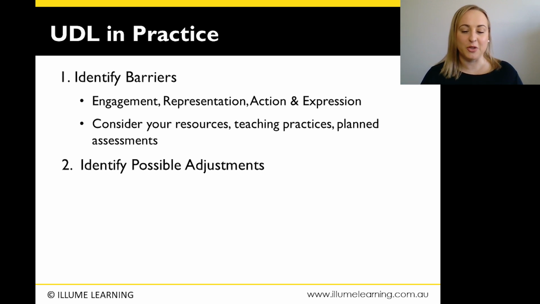We're going to look at the task or the lesson and think, all right, what might some barriers be here for students? What will the barriers be to engaging them? What might the barriers be to how we plan to represent or deliver this content? Where might the barriers be in the assessment tasks?